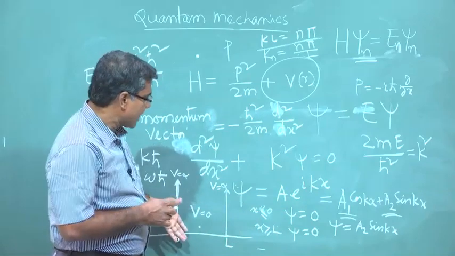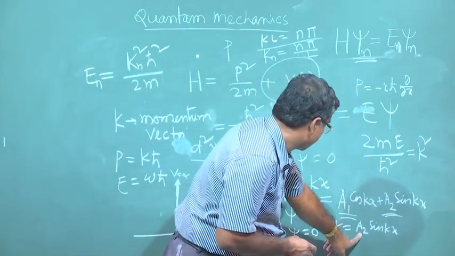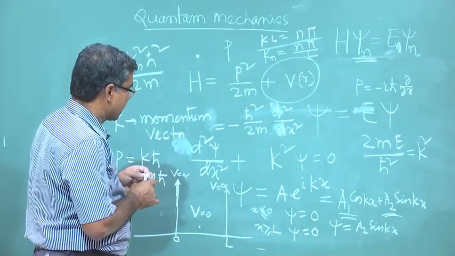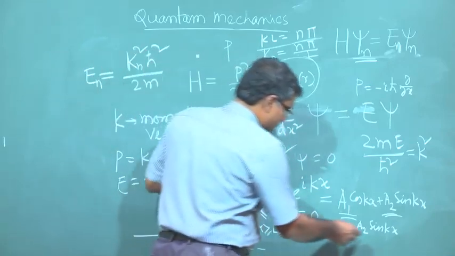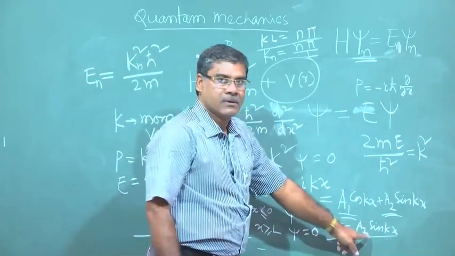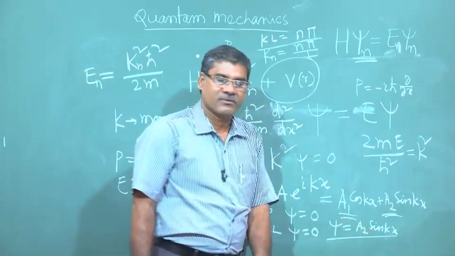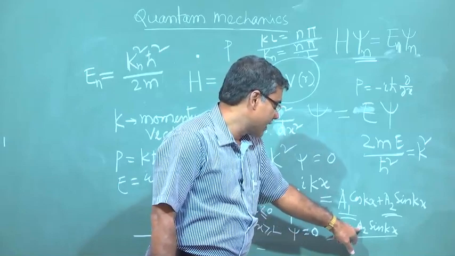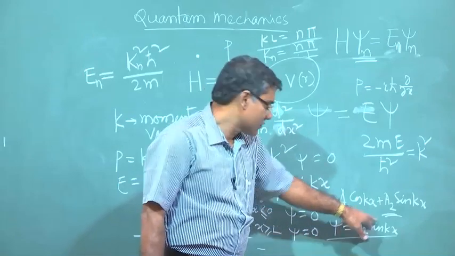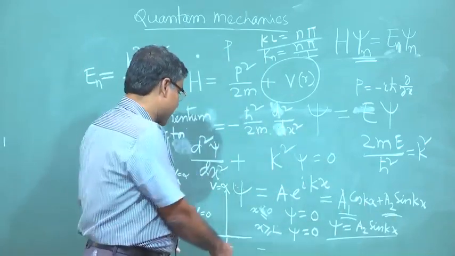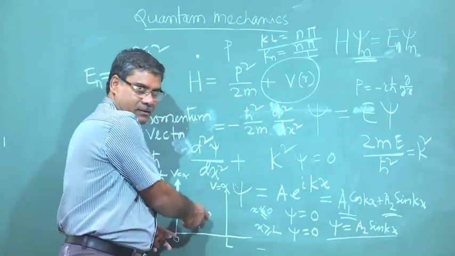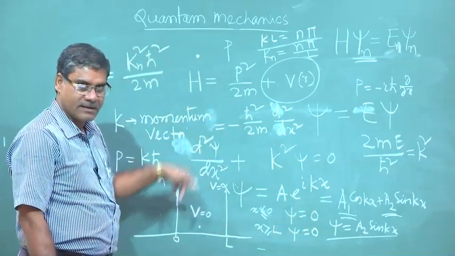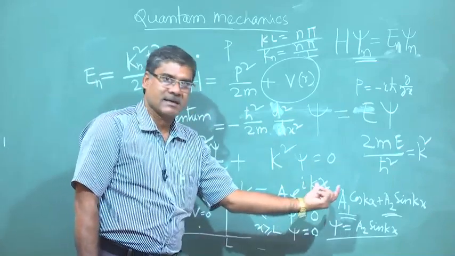So the final psi will be A2 sin kx, where A2 cannot be 0; A2 is a constant. One has to normalize this to get the value of A2. Psi star psi integrated from 0 to L dx equals 1.